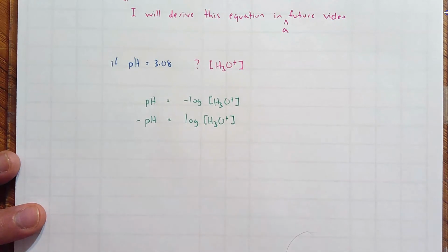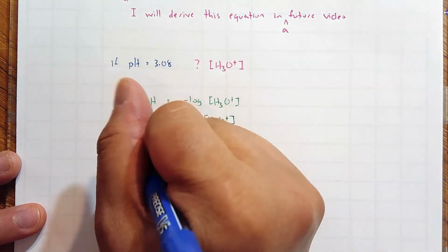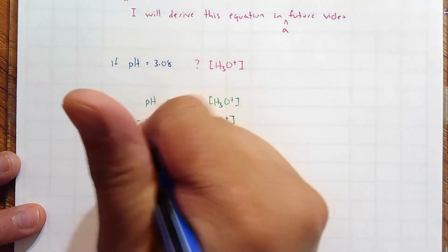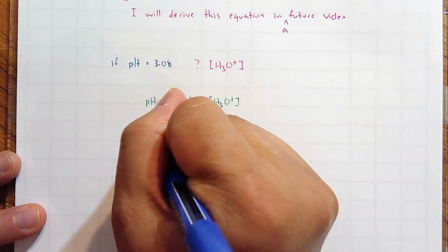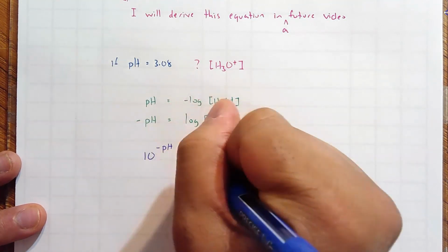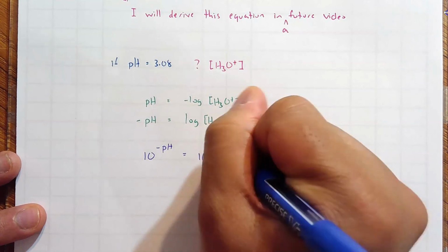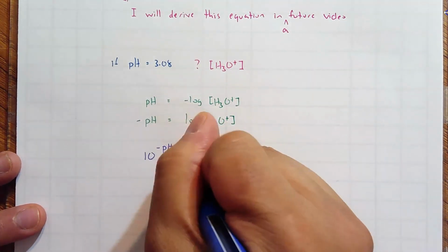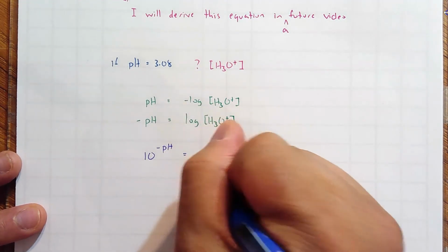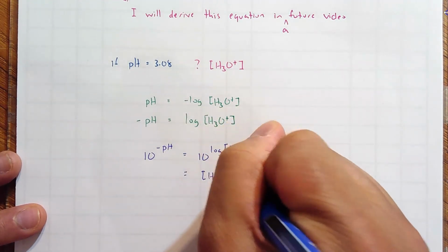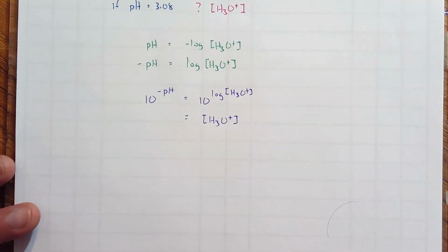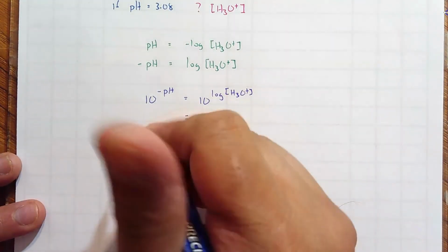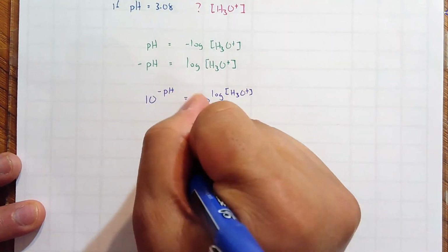Let me do this in purple also. So if we do 10 to the negative pH, that equals 10 to the log of H3O plus, and that will simplify into just H3O plus.